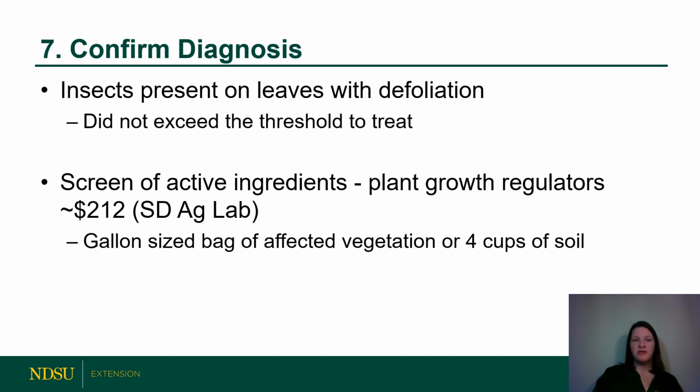You can do a panel of plant growth regulators, and that is going to cost you $212 at South Dakota Ag Lab. For that sample, you would need a gallon-sized bag of affected vegetation or 4 cups of soil, so they have enough material to perform the assay.